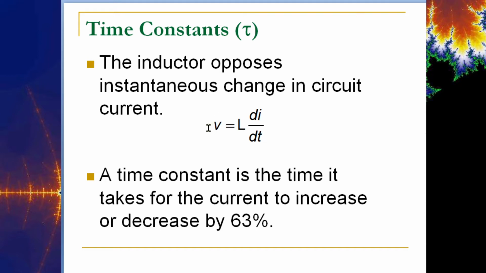So if you have a changing voltage on the capacitor, you have a current. If the voltage on the capacitor is no longer changing, you have no current, because it's at steady state. By the same token, if you're at steady state current, this di/dt term becomes 0 and you have no induced voltage on the inductor.